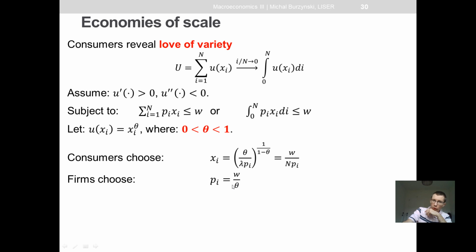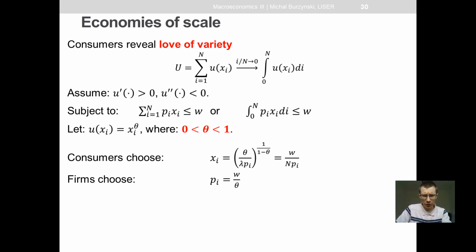If theta goes to 0, prices go to infinity, which means that the monopolistic power of the firms is going to infinity. Firms can set any price, and they know that they will find consumers for their goods because people want to consume all the varieties in the economy. All right, perfect.